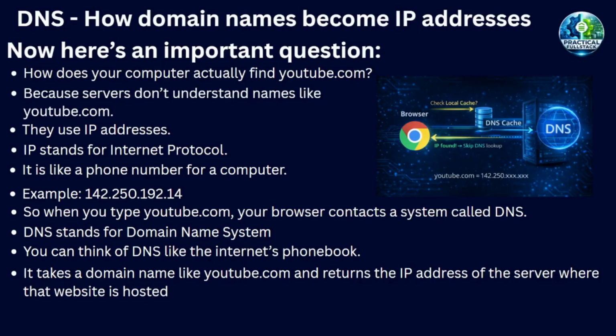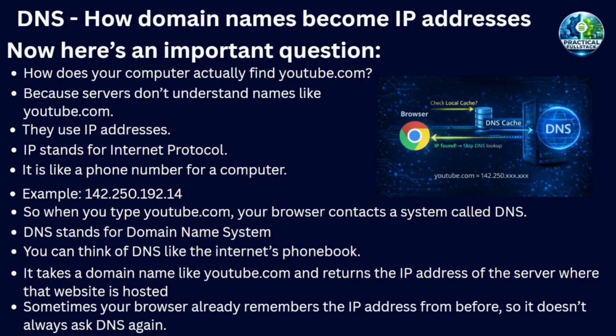Along with that, there is something called DNS cache. A DNS cache is a temporary memory where your computer or browser stores previously looked up IP addresses of websites. Your browser might already have visited that site, so next time when you visit the same website, it does not go to the actual DNS.